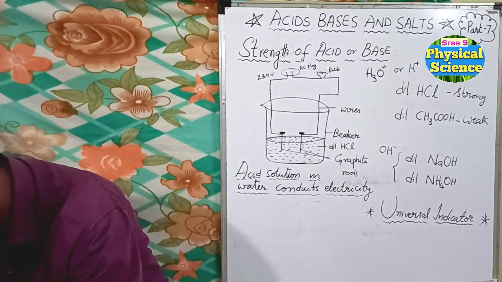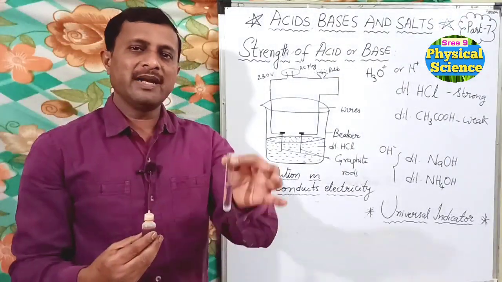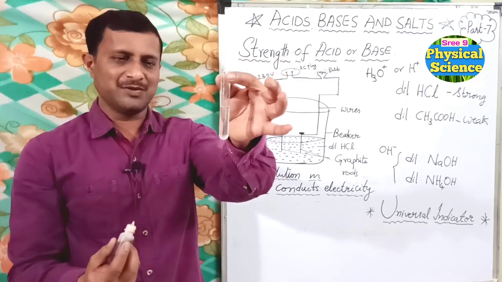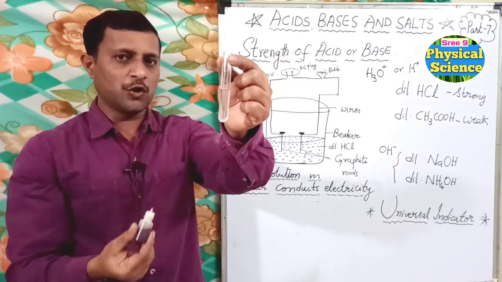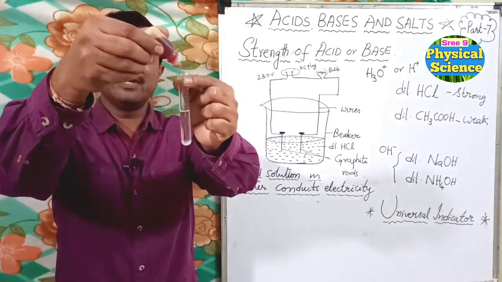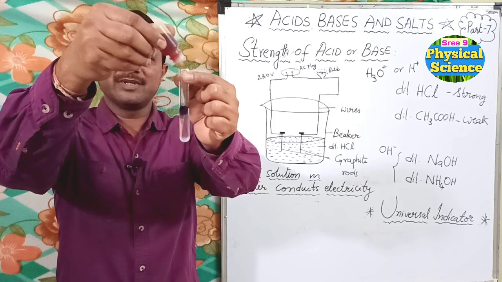Now let us take a base solution. This is a basic solution, right? Now this is nothing but sodium carbonate solution, aqueous solution or dilute sodium carbonate solution, to which I am adding the universal indicator.